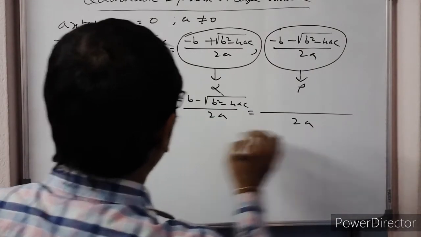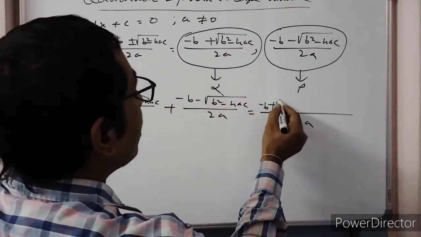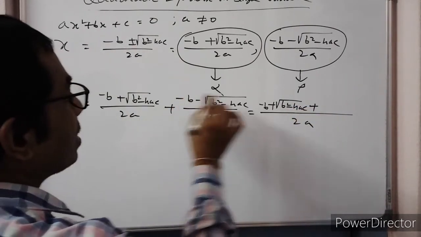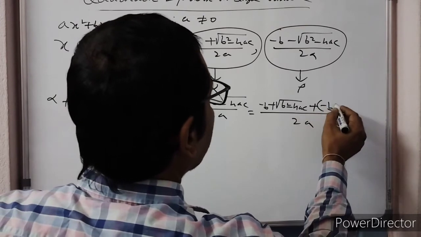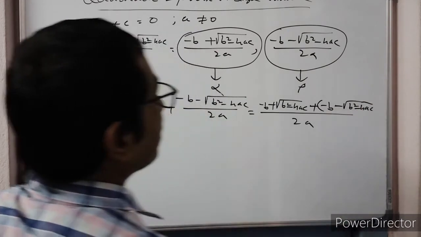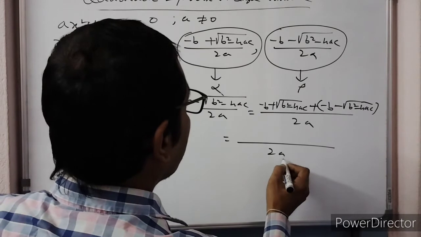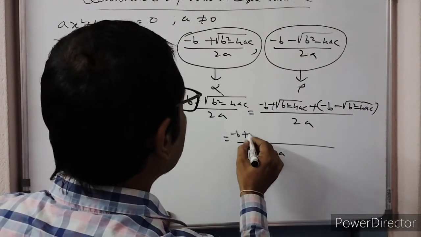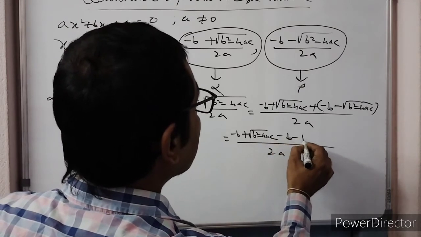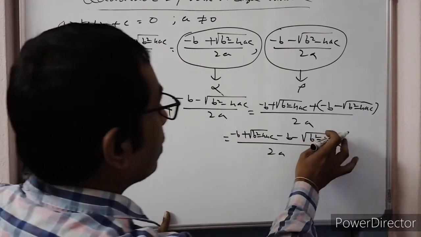Take the LCM 2a, so it equals minus b plus root over b square minus 4ac minus b minus root over b square minus 4ac.